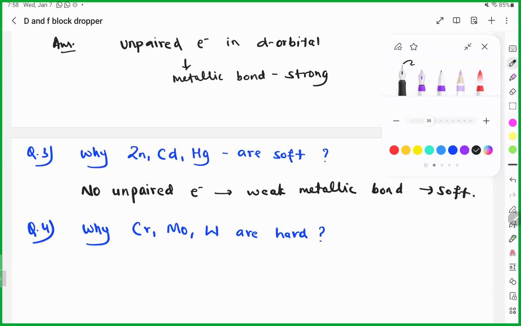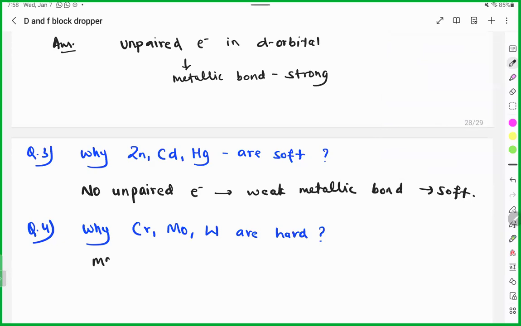The unpaired electrons. Maximum number of unpaired electrons, so strong metallic bond. Just give me a minute. Strong metallic bond.